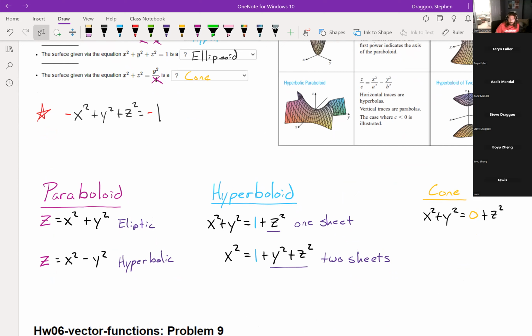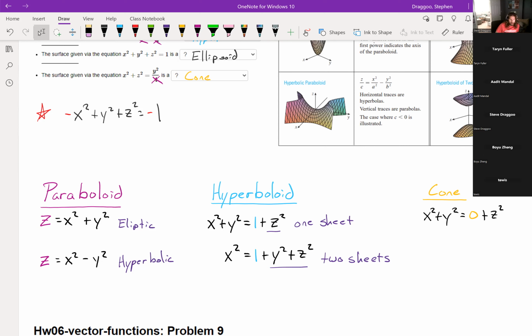So if we take our hyperboloid equations and organize them so that every term is positive, then we can look at the term on the side that contains our constant. If we've got one variable, we have one sheet. If we've got two variables, we've got two sheets. And just a couple of different approaches for trying to identify what these shapes are based solely on their equations.